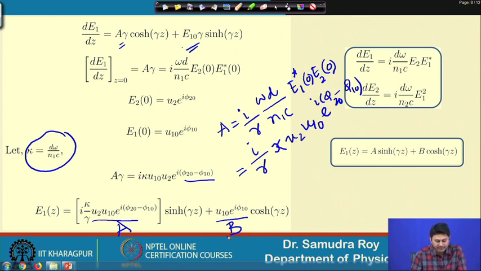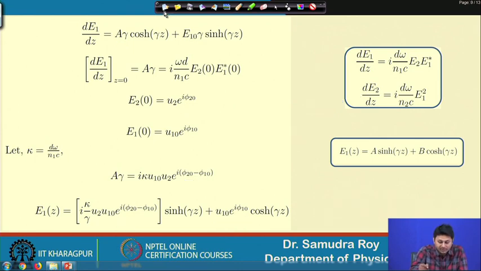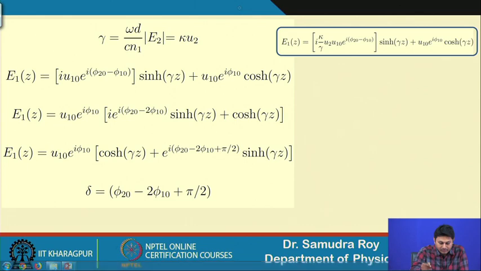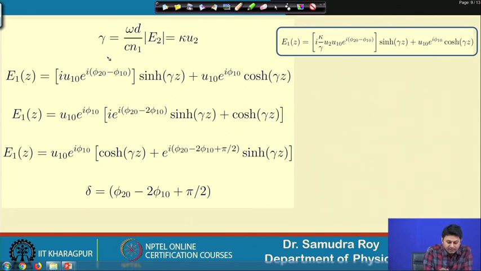It can be simplified, and when it is simplified, then we have a very nice physical implication out of this expression. Here we will see that gamma is equal to this value. By definition, we have already defined this gamma before.